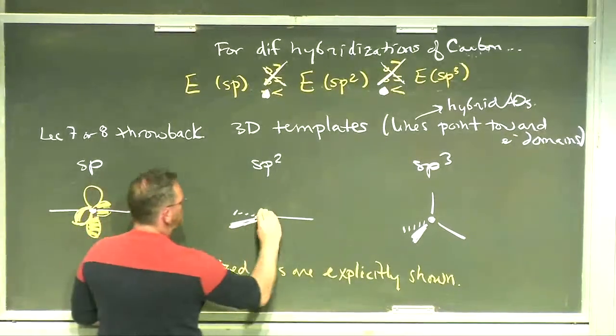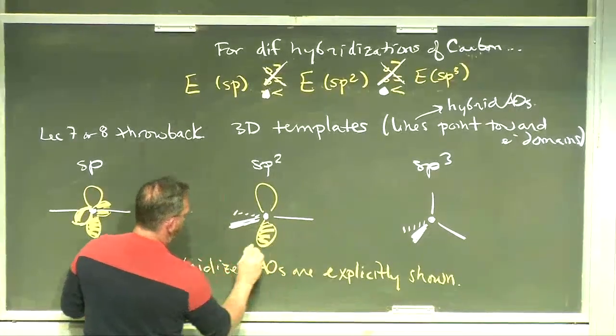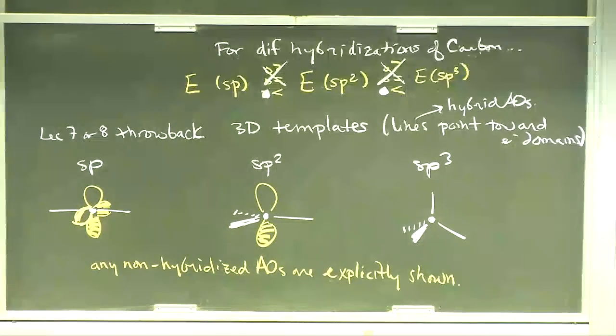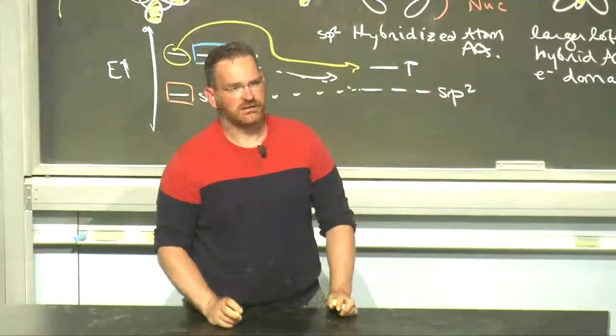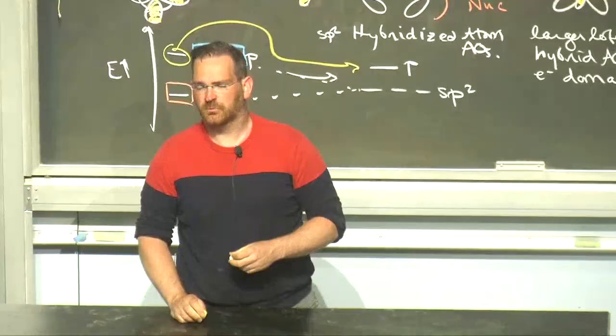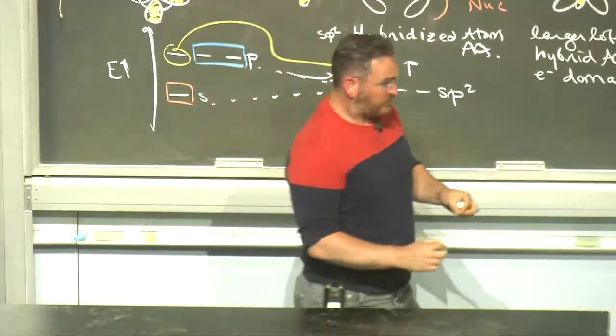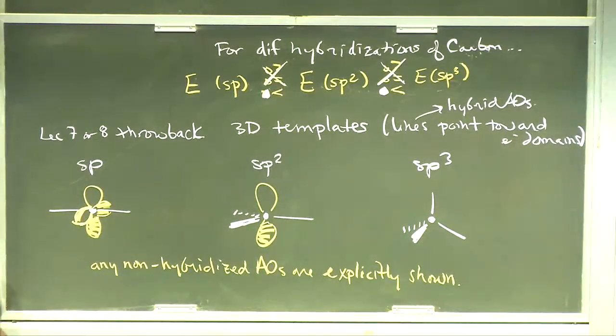For SP2, we've got our PY. And really the only thing that's new here is I'm adding that phasing, the shading, to match what we've talked about with waves and orbitals. So this should look the exact same.